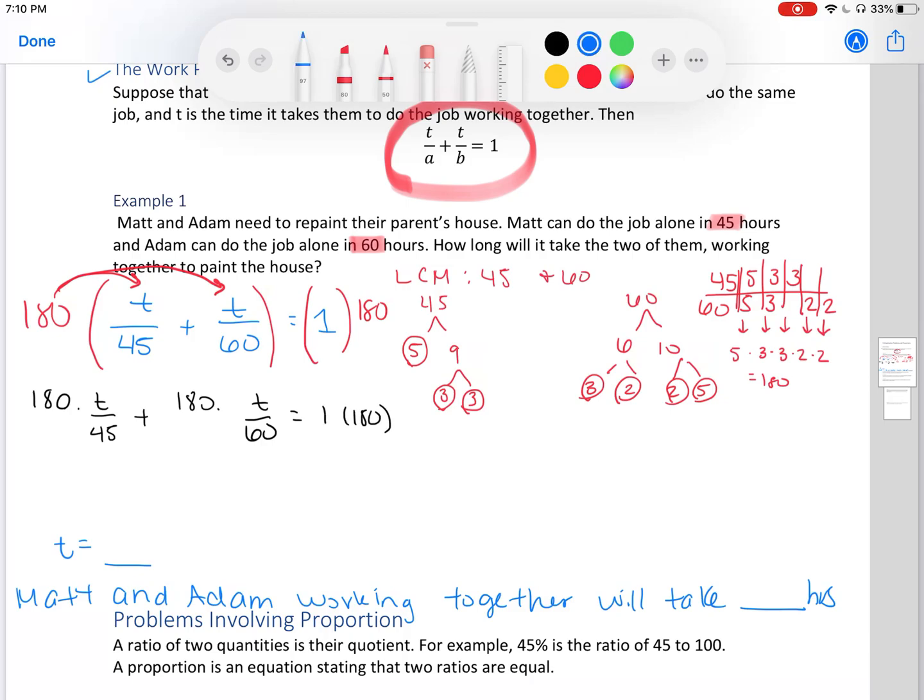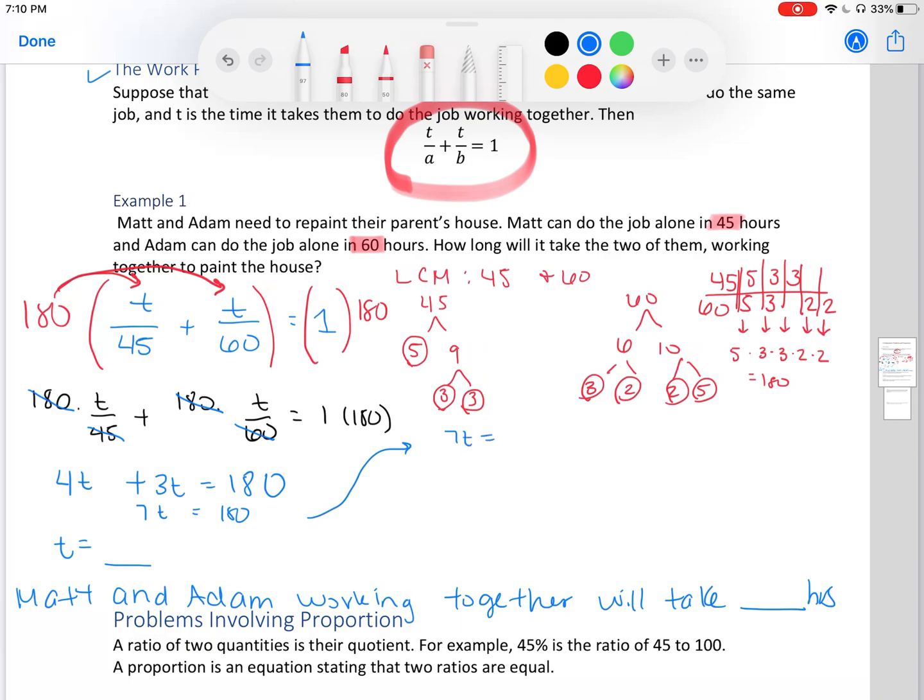Here 45 and 180 divide evenly, so we get 4T, plus 180 and 60 divide evenly, so we get 3T. And 1 times 180 is 180. 4T plus 3T is 7T equals 180.